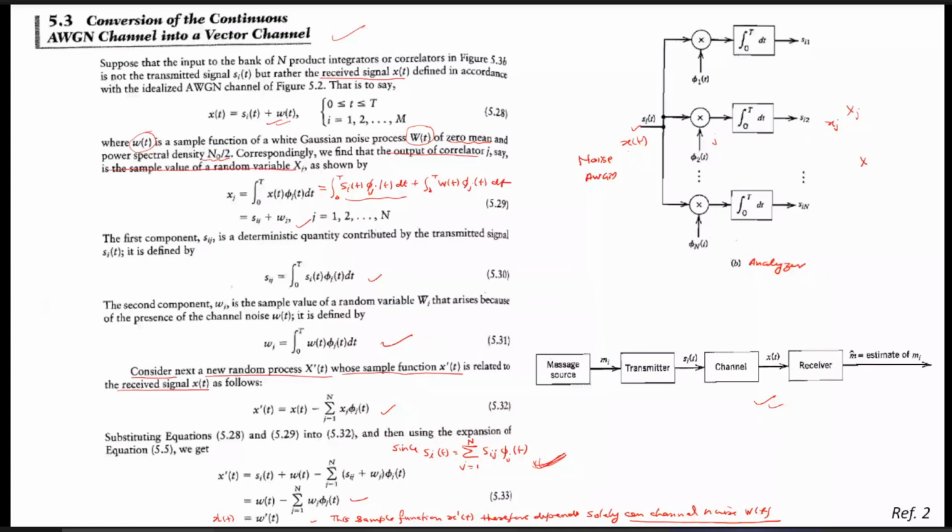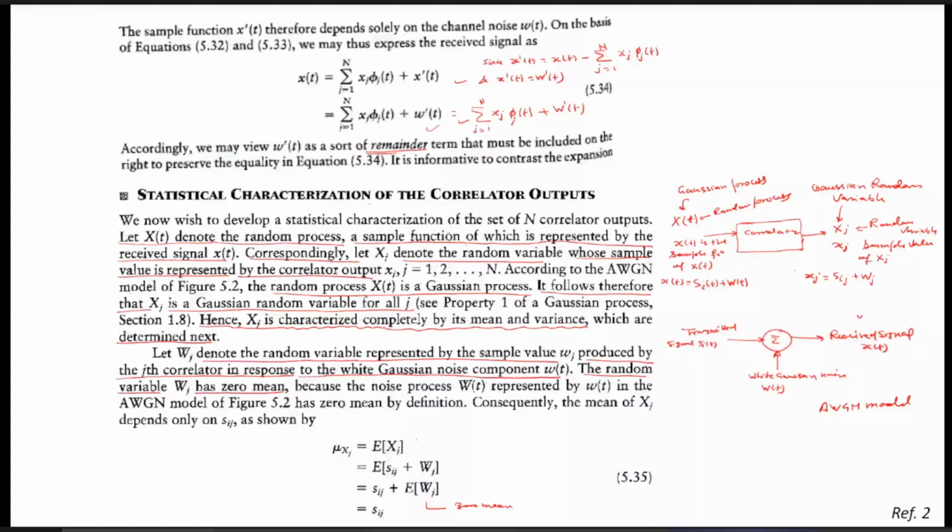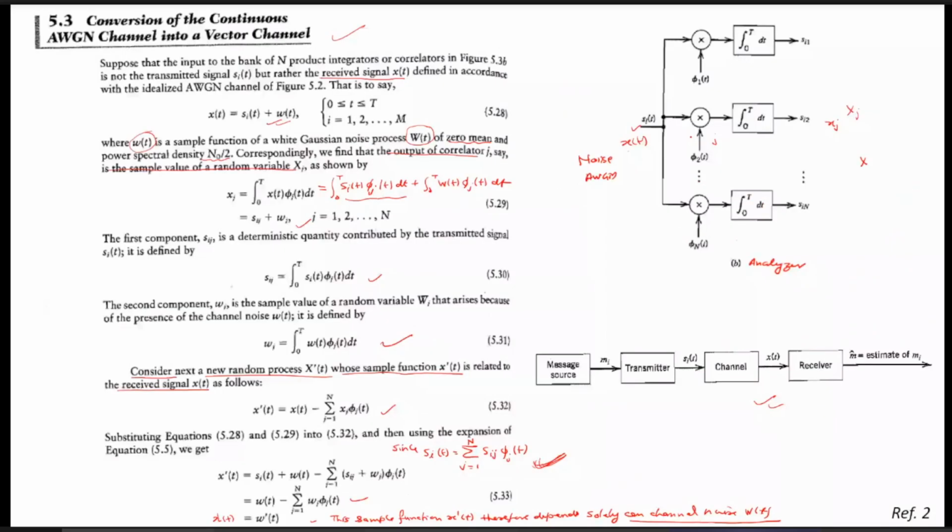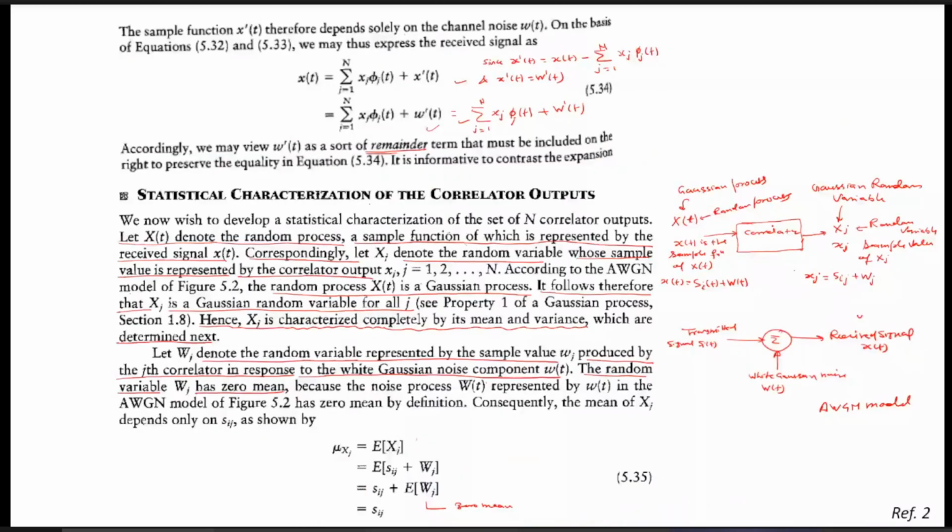Suppose this is the correlator, as in the whole block diagram where we simply wrote the correlator, and x t is the random process, which is Gaussian in nature. Since w t is added, it becomes a random process, Gaussian in nature.